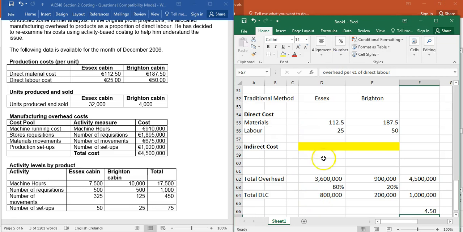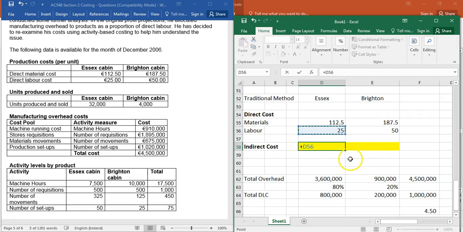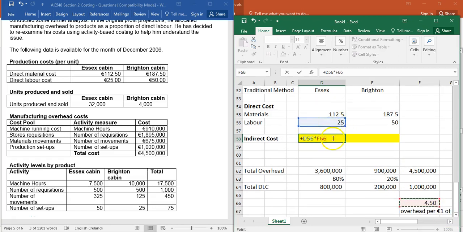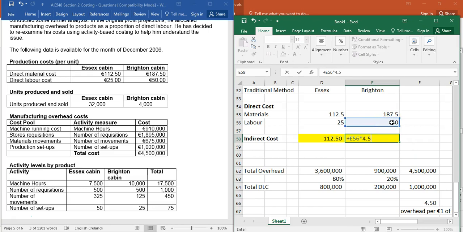So in this case, if we use these interpretations to get a per unit, there's two ways of going about it. You can either say it's €25 times 4.50, because remember every euro of direct labour gets €4.50 of overheads. So same here, it's 50 times 4.50, and that will get you to your 112.5 and your 225.